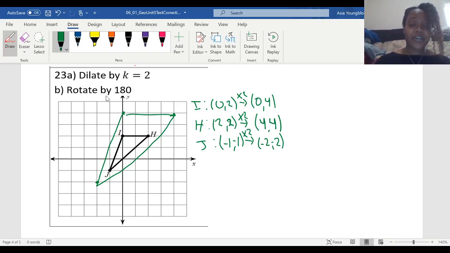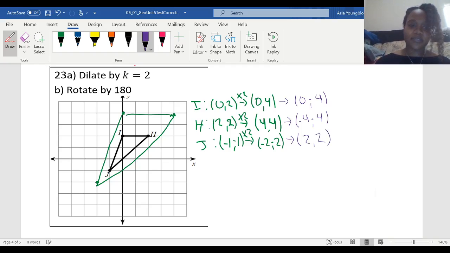When you are rotating by 180 degrees, that means you just change the signs on both the x and the y coordinate. So 0, 4 is going to go to 0, -4. 4, 4 is going to go to -4, -4. And -2, -2 is going to go to +2, +2.